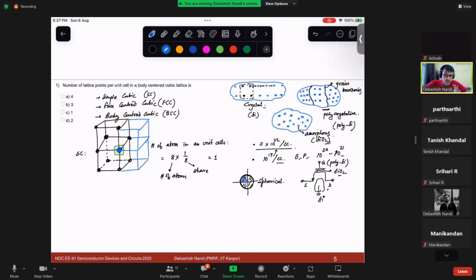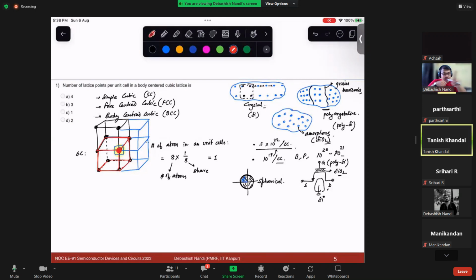When we are talking about a particular unit cell, what is the contribution of this atom to this unit cell? It is 1 by the number of cubes it is sharing, and it is sharing with 8 cubes.